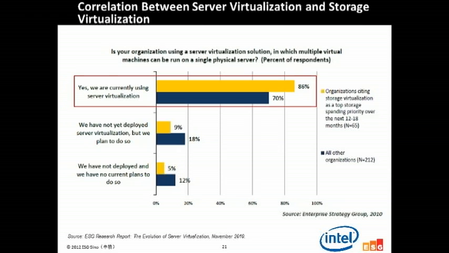Traditional storage has become the key bottleneck for the server virtualization user to further increase VM density and deploy more production application workload in the virtual environment to meet the business requirement.